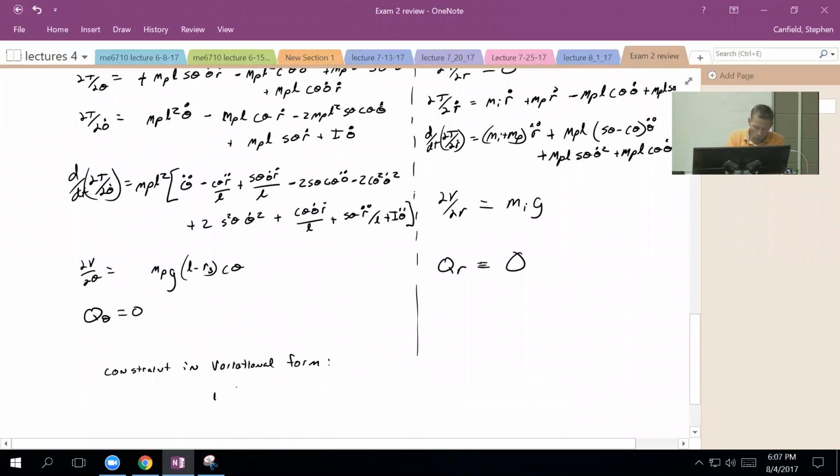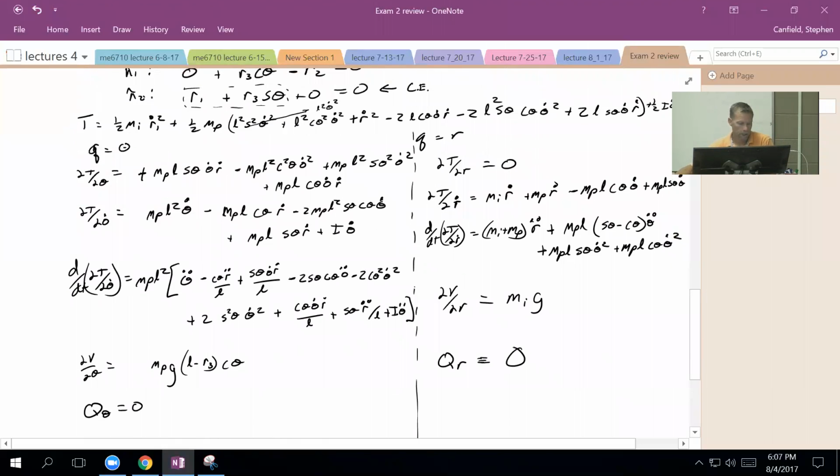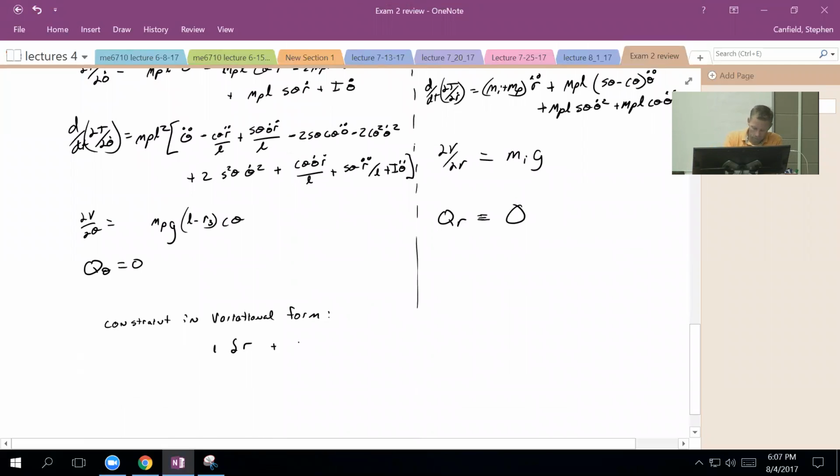So I get 1 times a virtual R. So I've taken the entire derivative with respect to R. Now I have to take the entire derivative with respect to theta. So I get a 0 plus R3 cos theta times my virtual theta. And that equals the variation of 0, which is 0. So my component A, I just have one constraint. So A1 R is there and A1 theta is there.